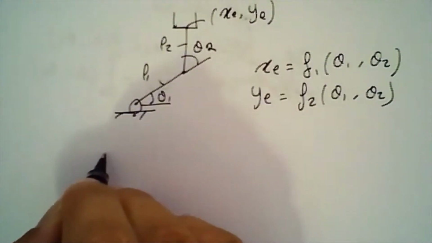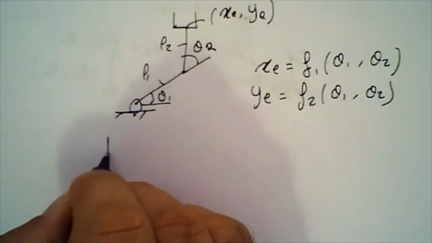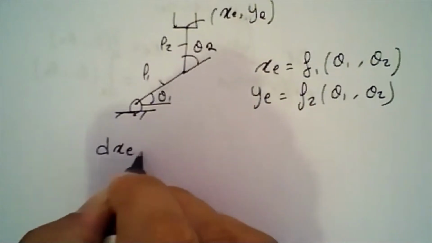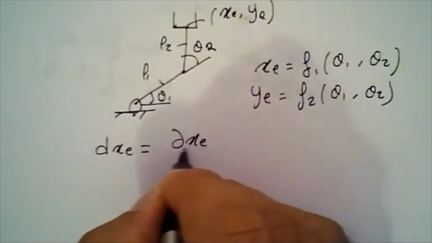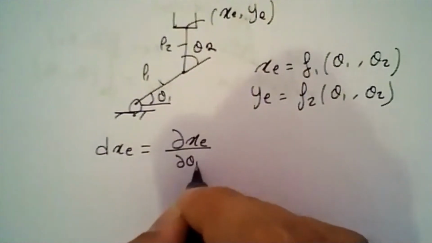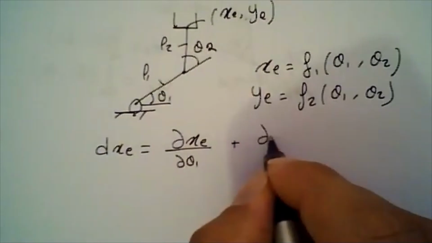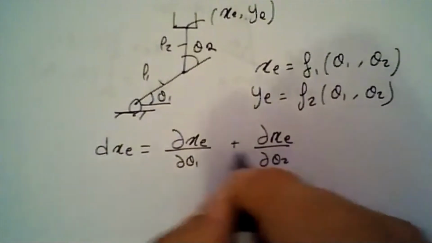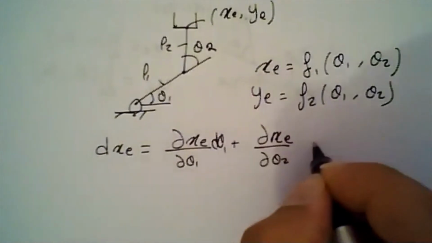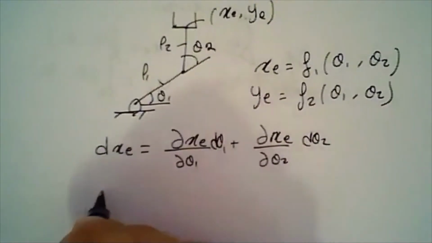And we said the Jacobian is found by doing the differentiation of xe, right? So dxe is going to be equal to the partial derivative of xe with respect to theta 1 plus the partial derivative of xe with respect to theta 2. This guy multiplies d theta 1 and this guy multiplies d theta 2.